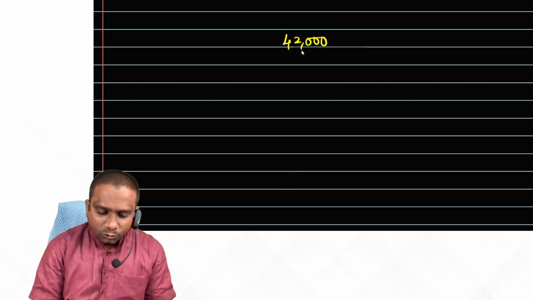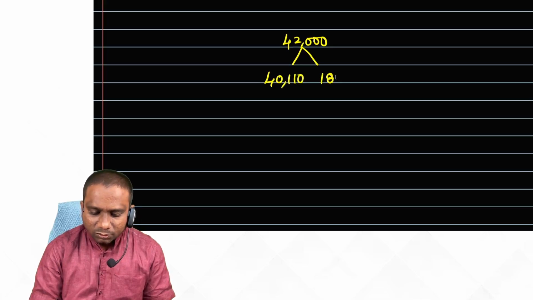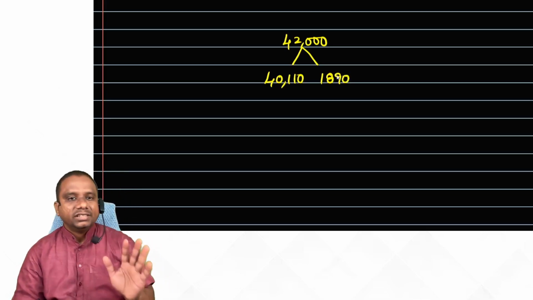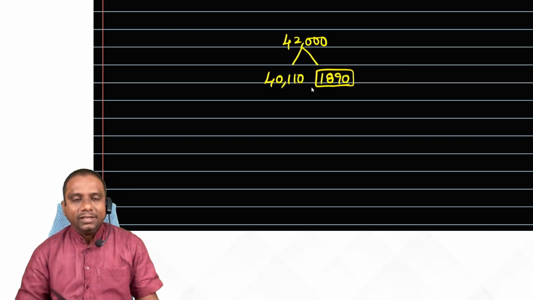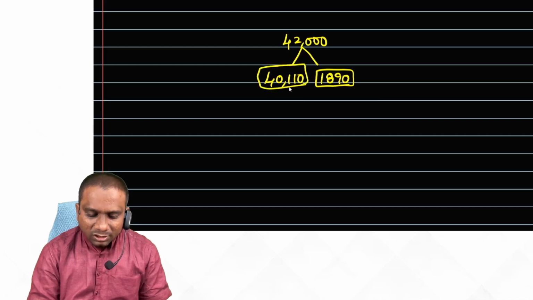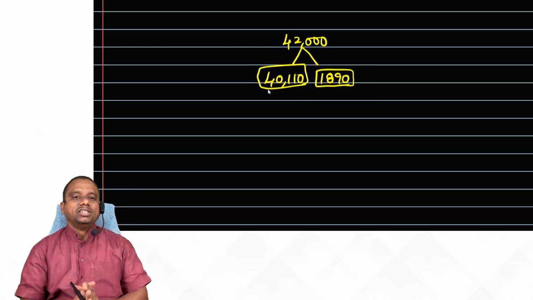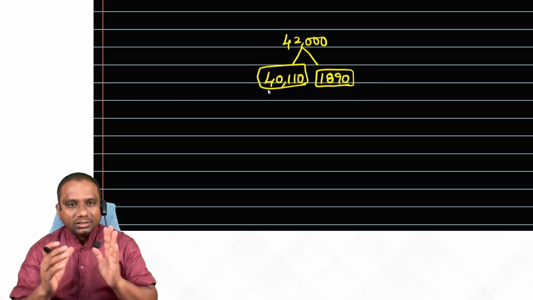Out of that, how much amount was received? 40,110. And the discount amount is 1,890. Now, this discount is shared between X and Y. That depends on how the 40,110 is utilized by X and Y. Yes or no, students?